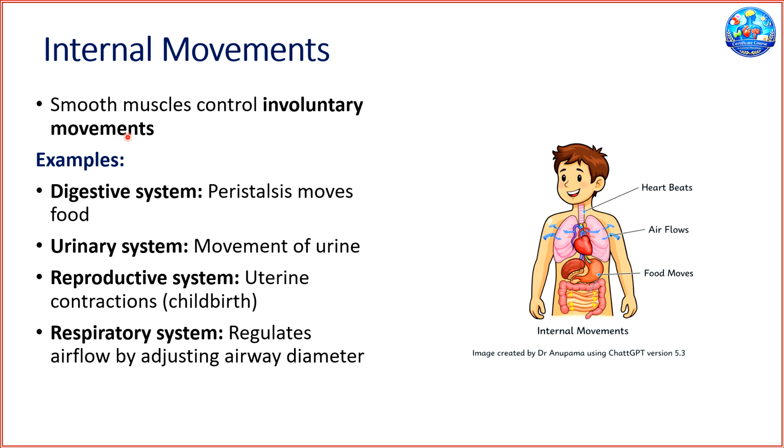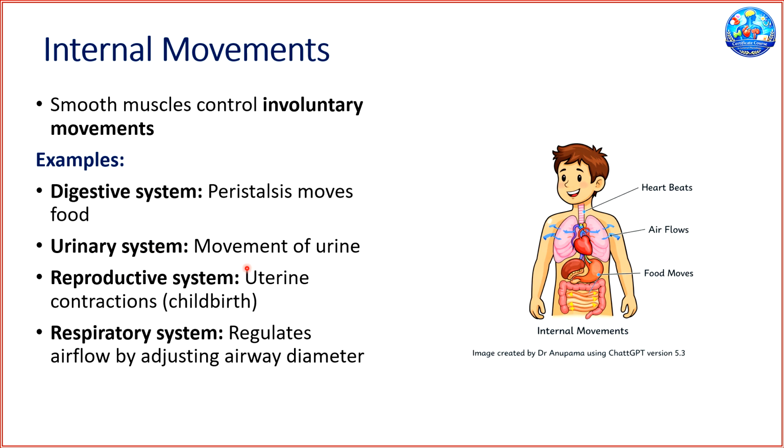Muscle is also responsible for involuntary movements within the body. The smooth muscles control the involuntary movements. These include, for example, in the digestive system, where the digestive tract facilitates the movement of food by the process of peristalsis.